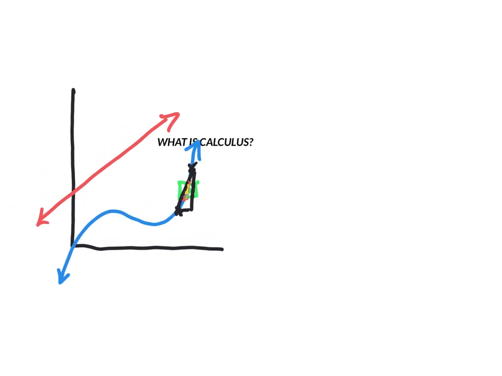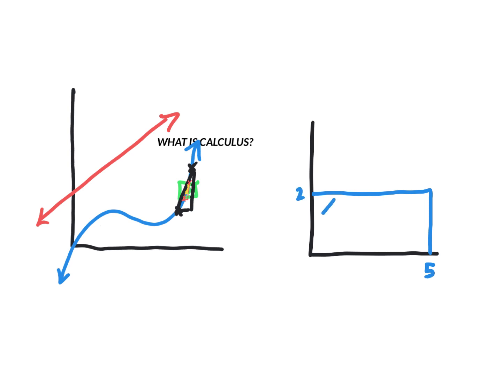Now, the other part of calculus is, we all know how to find the area under something like this. Like if I said to you, this is 5 and this is 2, what is the area under that curve? Well, it's 10.